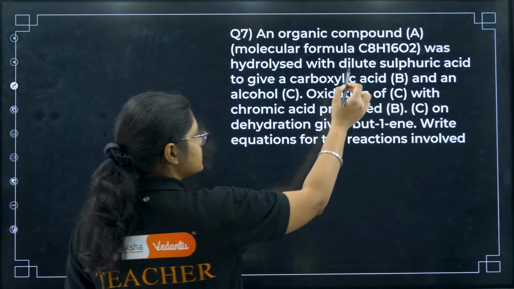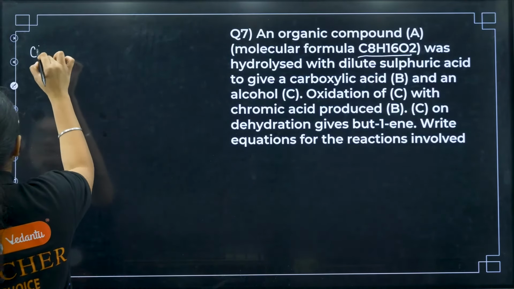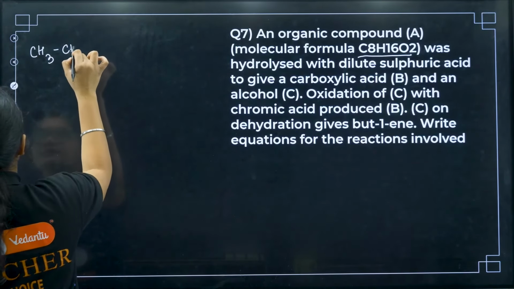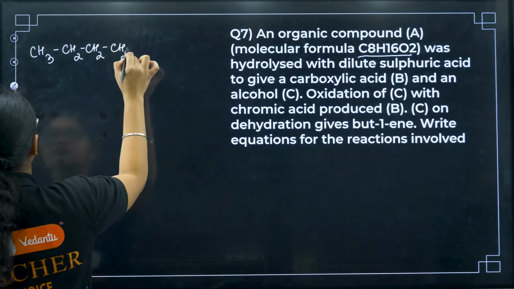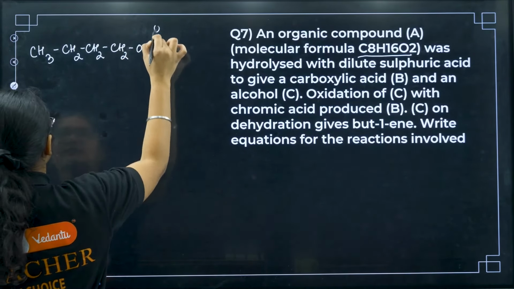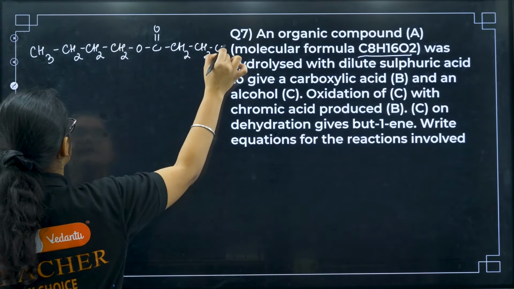So we can have this C8H16O2, one ester. I can have it like this: CH3, CH2, CH2, CH2O, CO, CH2, CH2 and CH3.